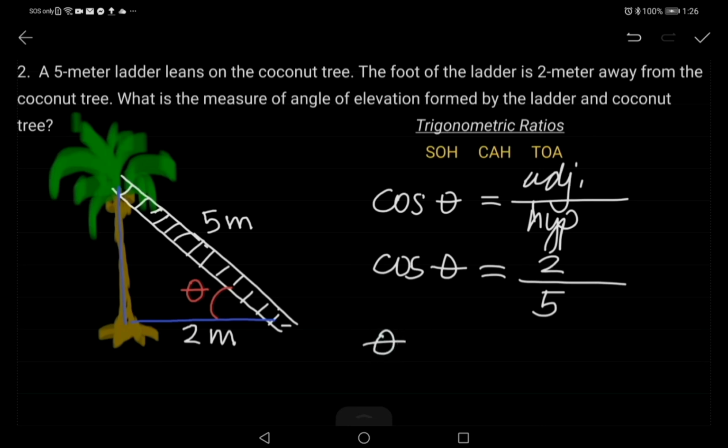So theta is equal to inverse cosine of 2 over 5.